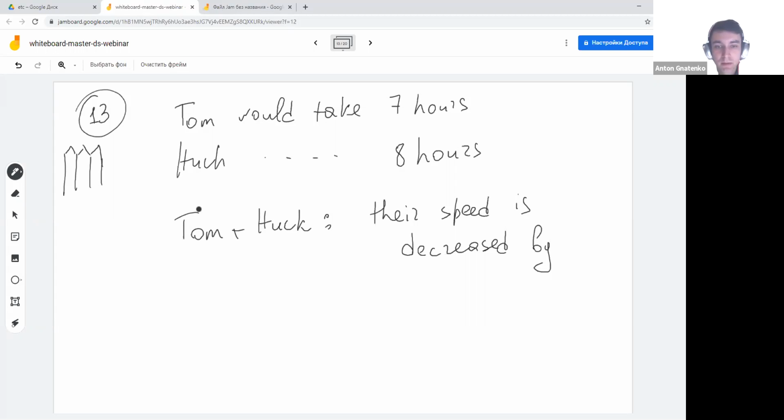And when they paint it together, the speed is decreased by 3 boards per hour. But we also know that working together will require 4 hours to paint the fence. So the question is, how many boards were there?